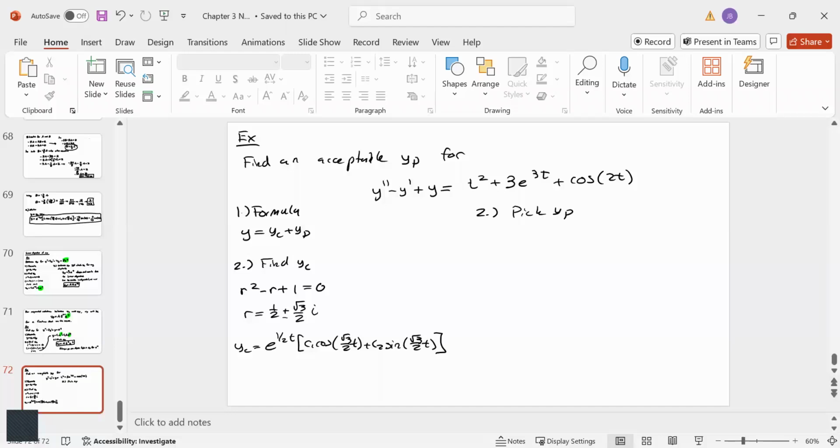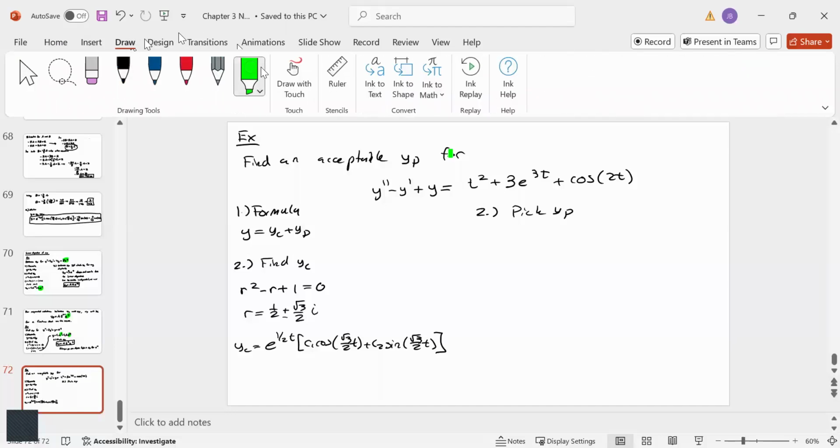So here's something important. For polynomials, if you're missing a term, you have to include everything. So for the polynomial t squared, yp is going to be equal to a t squared plus bt plus c. You have to include everything, even if you're missing something. If you don't, you'll be missing potential information.